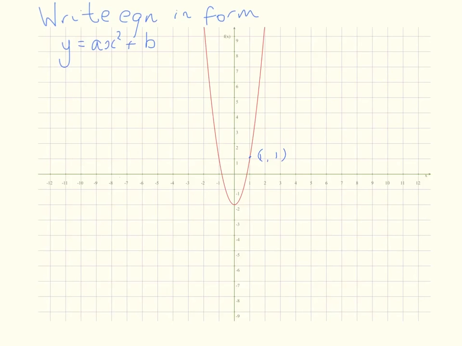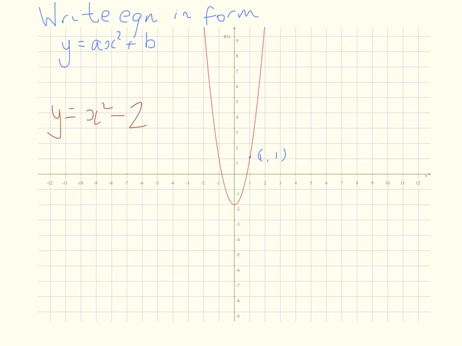Okay, let's consider this question here. We want to write this equation in the form y equals ax squared plus b. This one's slightly different though. We cannot say that it's just simply going to be y equals x squared take away 2, because we've moved down 2 steps here.